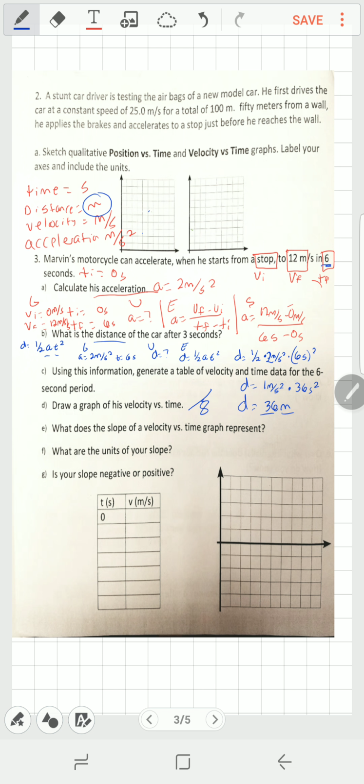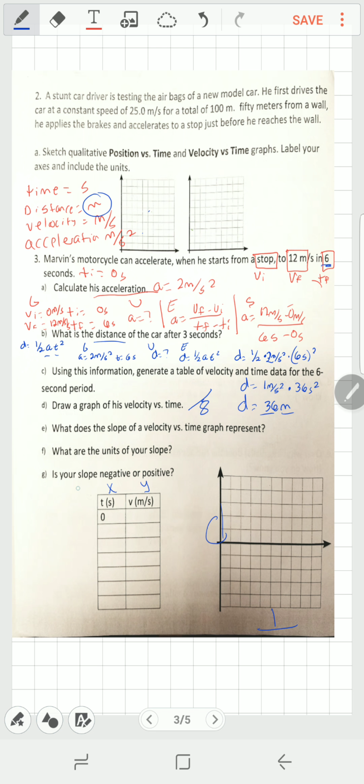Now, if you are like some students and you struggle to remember which one's IV, which one's DV, to help you, look at this graph. This is always going to be your X. This is going to be your Y. Your X is going to be your independent variable, and your Y is going to be your dependent variable.